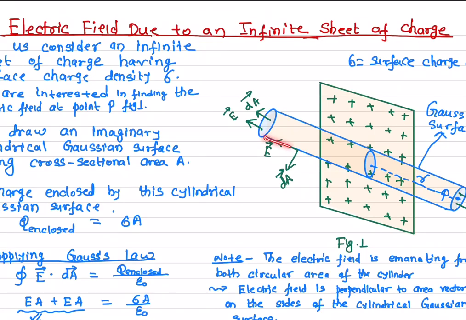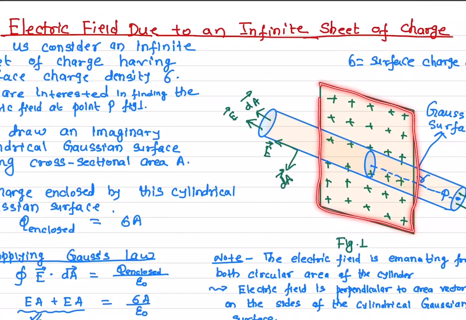But over this curved side, the electric field is away from the charge plane and the area vector is perpendicular to it. That means there is no electric flux coming out of this region. The flux is coming out only through these two cross-sectional areas. There is no flux coming out of the side.